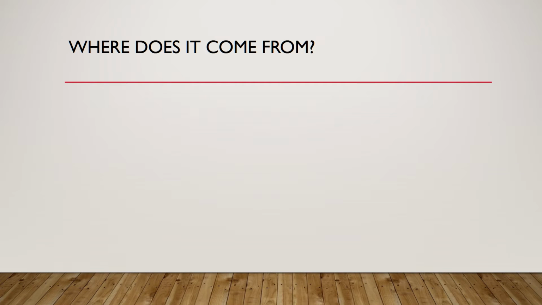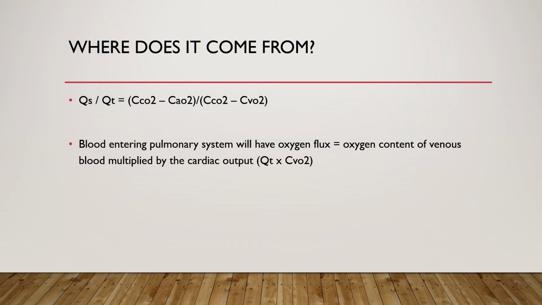Where does the equation come from? So we'll attempt to derive this. It is a bit mathy and technical, but the principles are reasonably important. When blood enters the pulmonary system, it will have a net oxygen movement of the oxygen content of the venous blood entering multiplied by the cardiac output, or the total amount of blood entering.